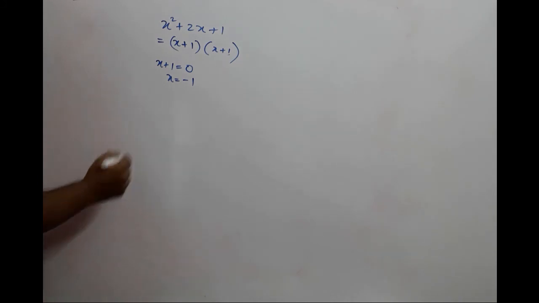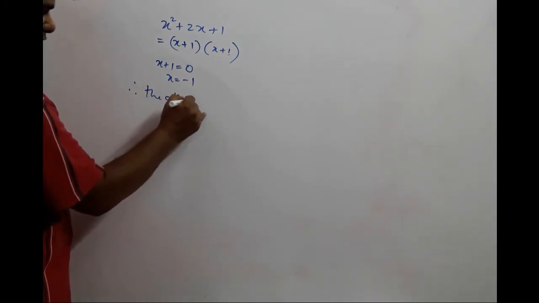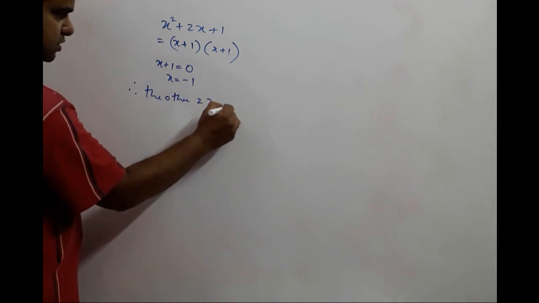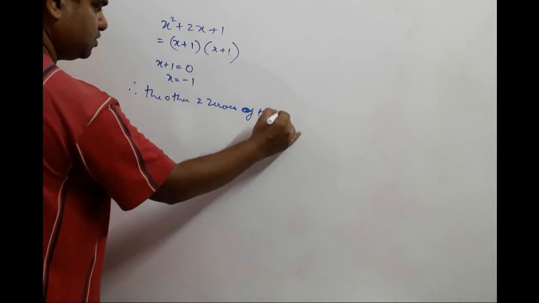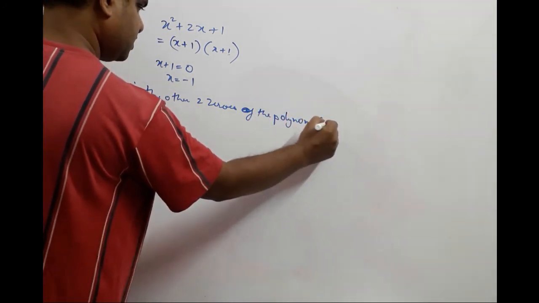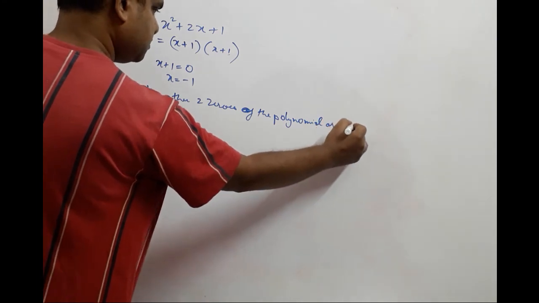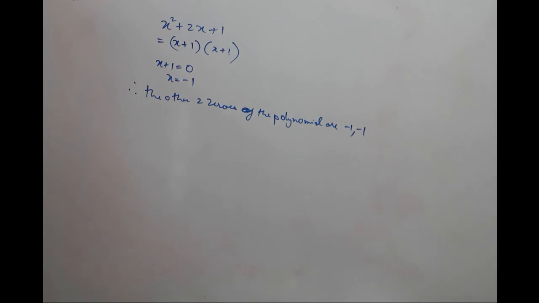Therefore the other two zeros of the polynomial are minus 1 and minus 1. Then we'll just write down all the zeros of the polynomial.